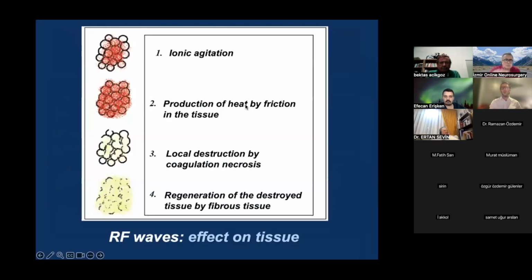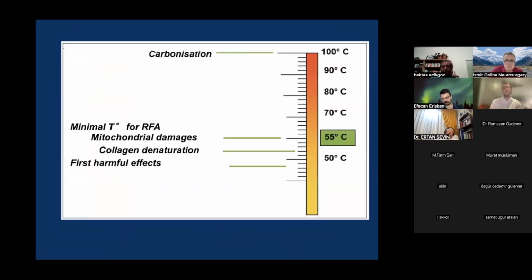So once more, when you use radiofrequency ablation, there is production of heat by friction in the tissue from these waves, which leads to coagulation necrosis, so destruction of the cells without promoting carbonization. Afterwards, fibrous tissue will take place at the treated site.